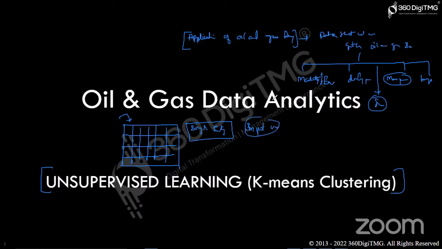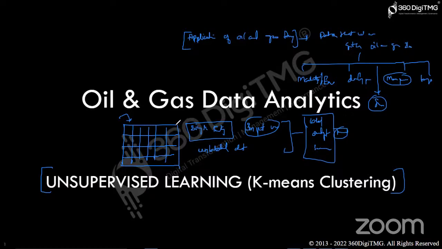I do not have any output variables. So this data is known as unlabeled data, because we do not have any label, or output, or target. This variable will not be available in case of unsupervised learning.